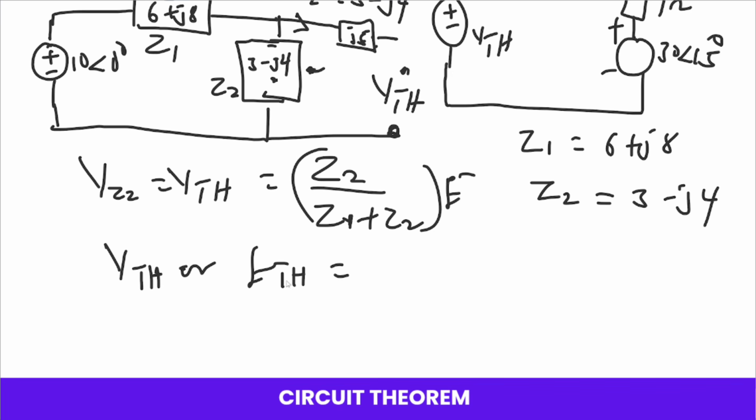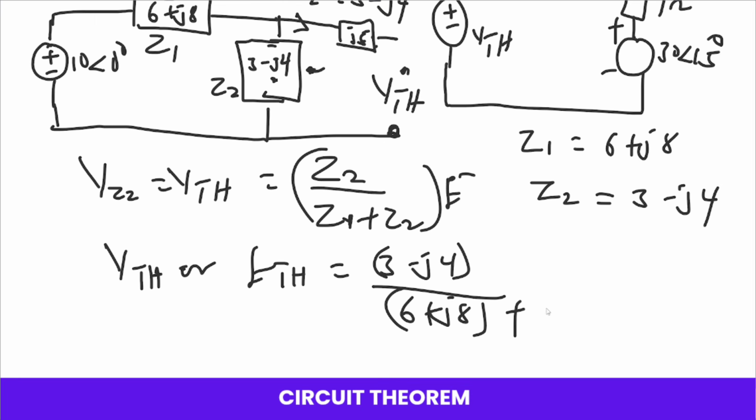So Z2, 3 minus J4, all over Z1, 6 plus J8, plus Z2, 3 minus J4, which will give us a corresponding value of 5.08 angle minus 77.